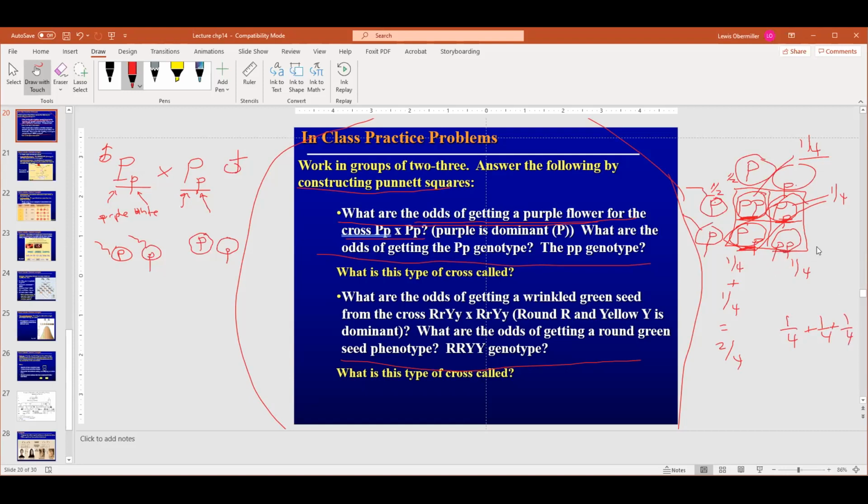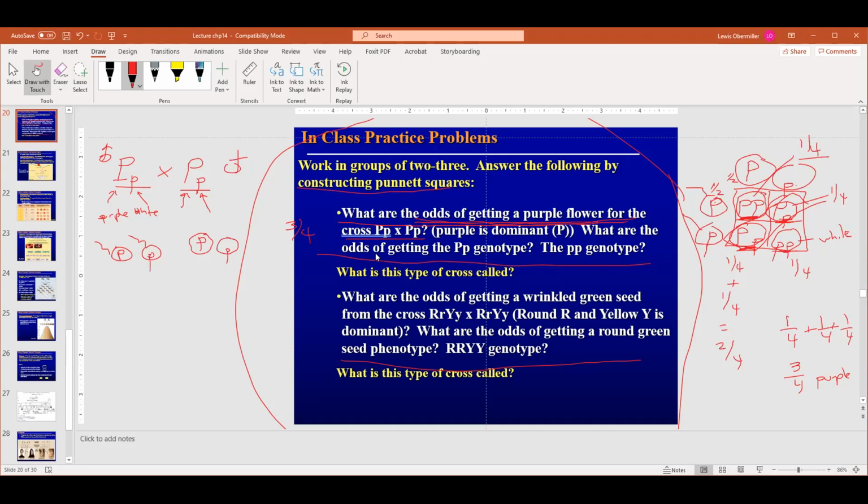And then this one doesn't count because it's white. These are going to be white. They don't have any purple alleles in them at all. And so 3/4 would be purple. And so that's the answer to the question. The odds of getting a purple flower from this cross is 3/4.